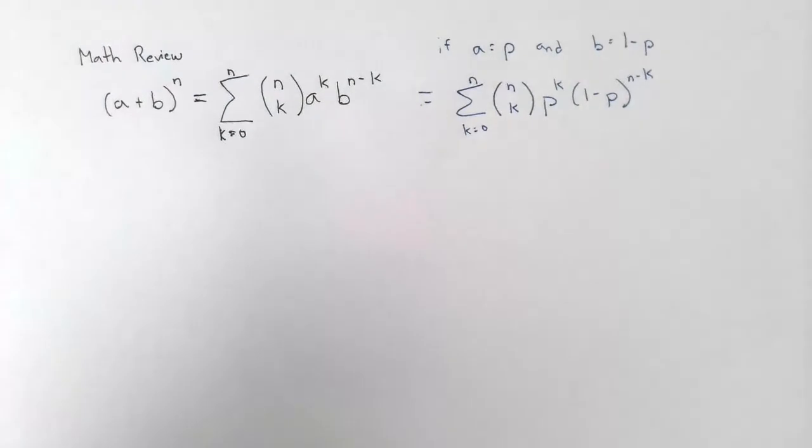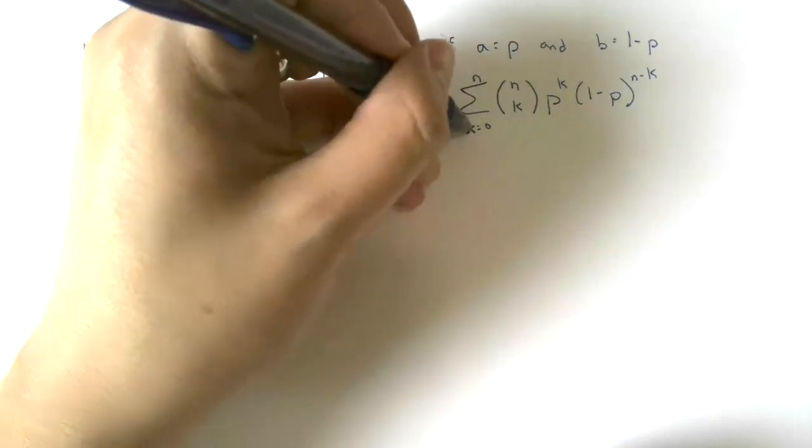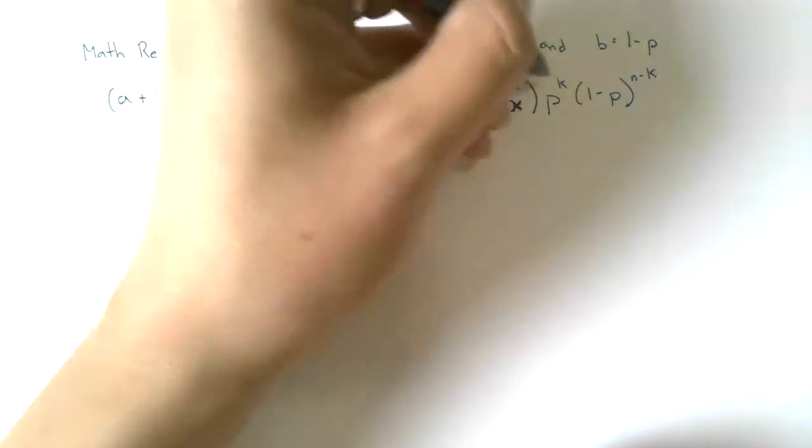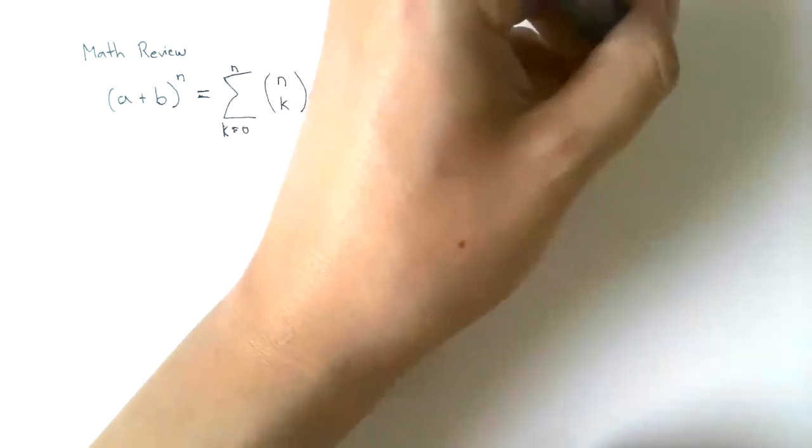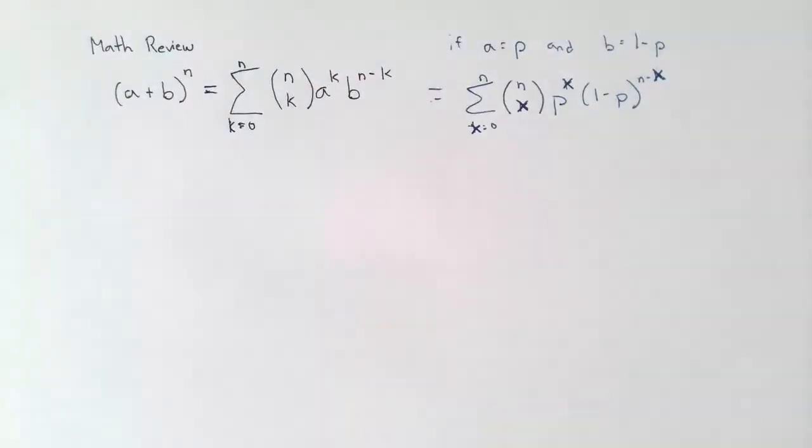Here K is my variable, so this can actually be my random variable. In fact, I don't even have to call it K. I could just call it X. So this would be N choose X, and P to the X, because it's just a variable, something that changes, something that varies.